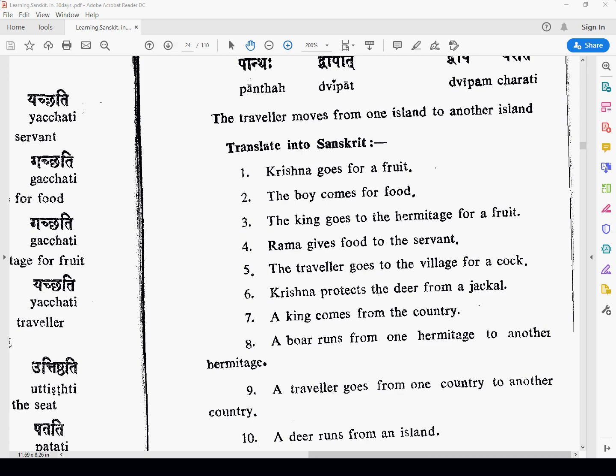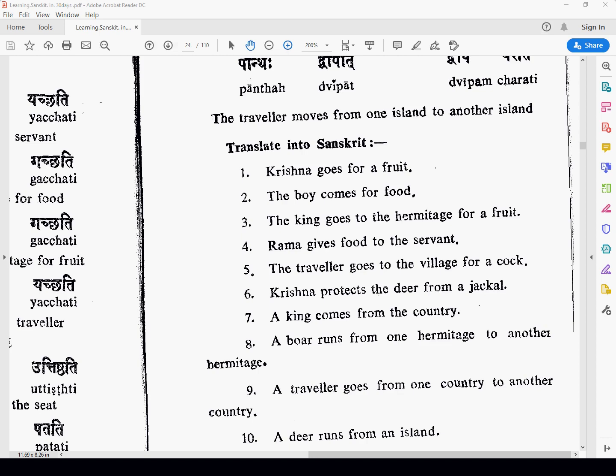Yeah, Balaha, good. Balaha agachati annaya. You can say it like that, but you can also interchange the words here. Balaha annaya agachati. Both are fine. Correct one. Annartham. Yes, Balaha annartham agachati.